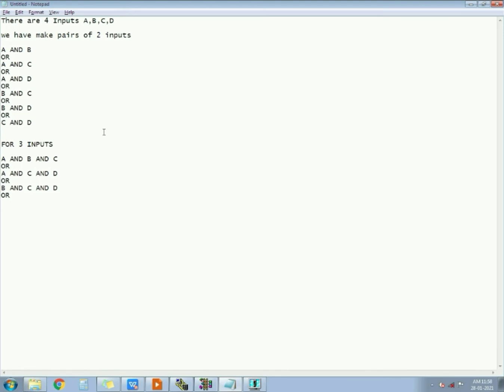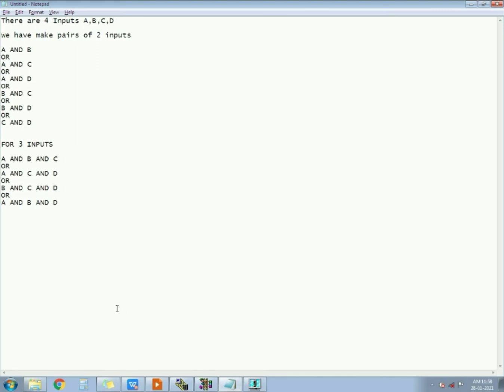ACD is done. ABC, ACD, BCD, and ABD. Next is A and B and D. So these are the possible combinations.